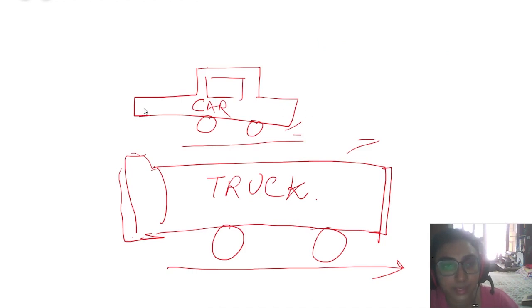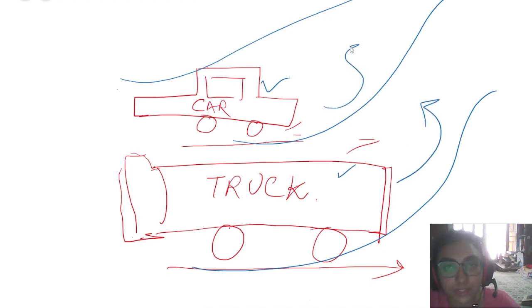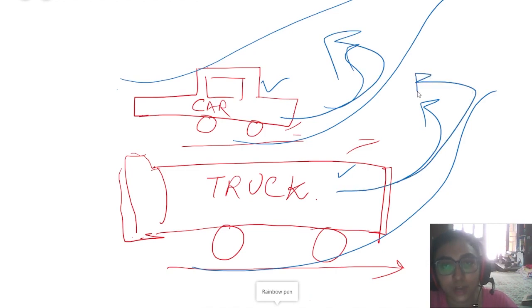There is an entire curve in the road. So now what is going to happen? Both the car and the truck will take the turn, no doubt about it, obviously. But what you'll observe is that the car takes the turn faster than the truck.